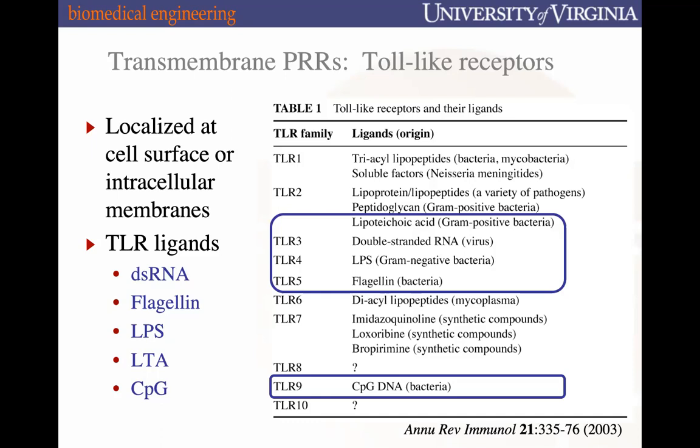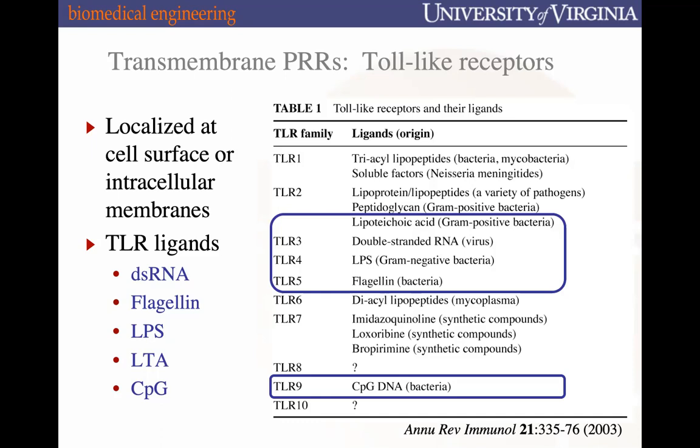TLR4, the ligand for that is lipopolysaccharide. It's for gram-negative bacteria. As you can imagine, most bacteria exist extracellularly, so that is on the surface, and that is a really important toll-like receptor for macrophages. TLR5 recognizes flagellin on some bacteria that are motile, so TLR5 recognizes the flagella portion.